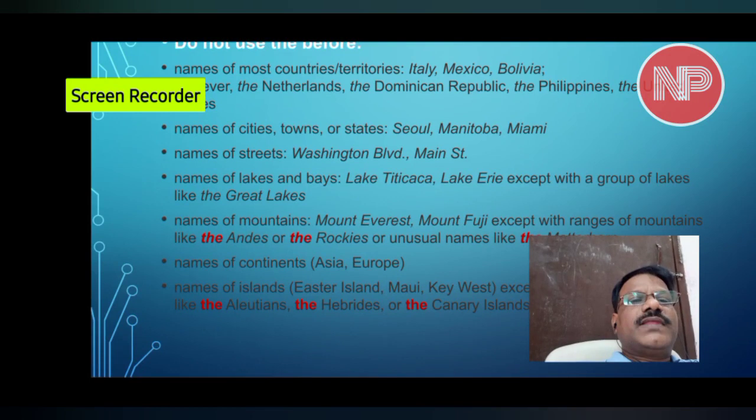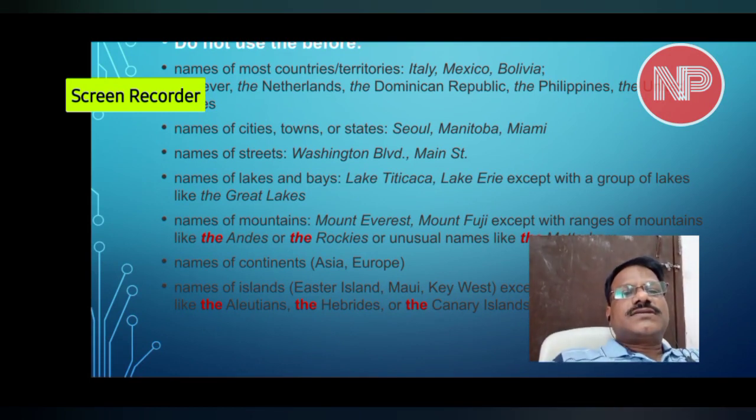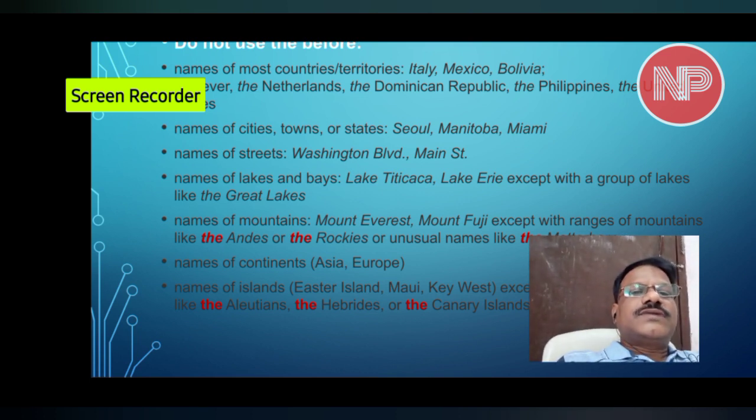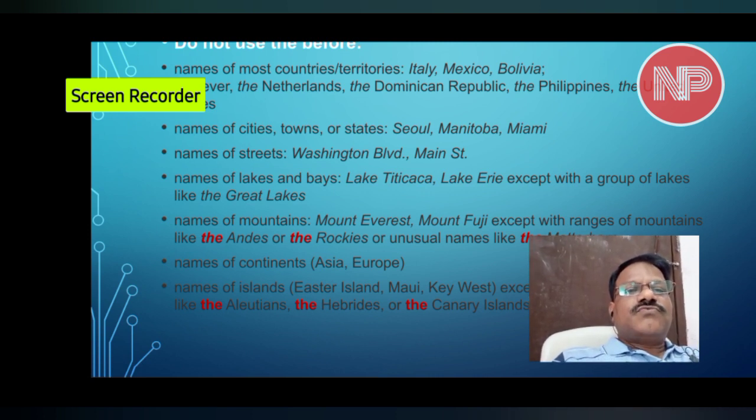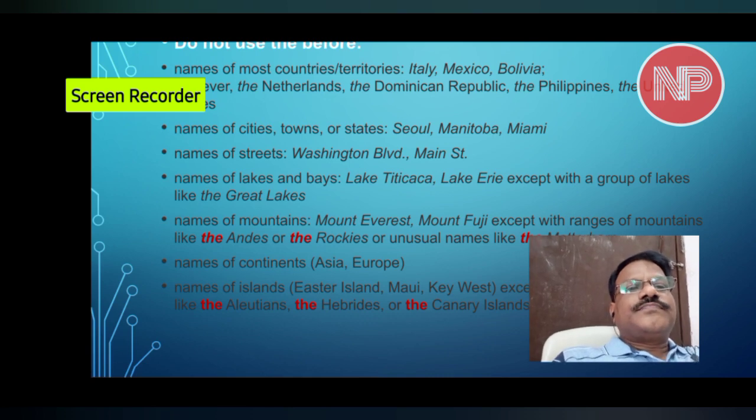In this way, if you don't add any specification, or if you don't modify these names with some adjective, it will not take the article the. We have to emphasize our particular thing, we should add something to that name, and then we can take the name of that country, that place, or that lake with the article the.